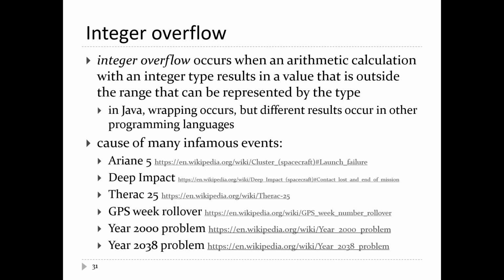Now, if you're storing the age of a person or the birth date of a person, that's a problem because there were many people alive at the time who were born in 1900 or earlier. So this became a huge problem. There's another problem, too.